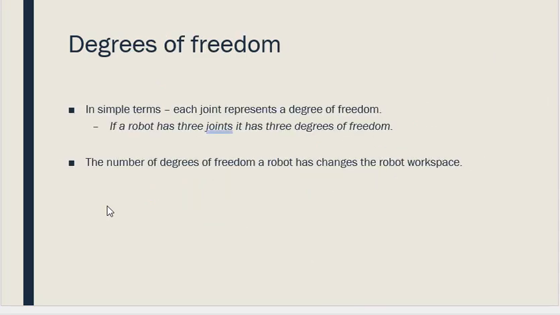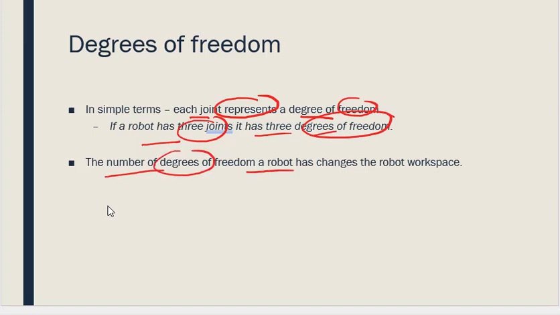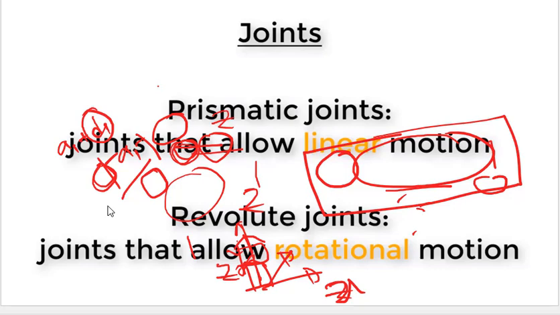In simple terms, each joint represents a degree of freedom. A robot with 3 joints has 3 degrees of freedom, and the number of degrees of freedom changes the robot workspace. A revolute joint allows rotational motion.